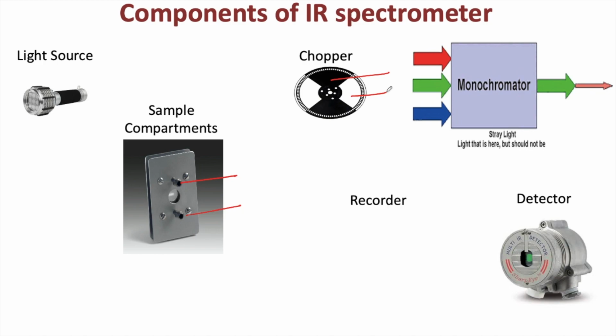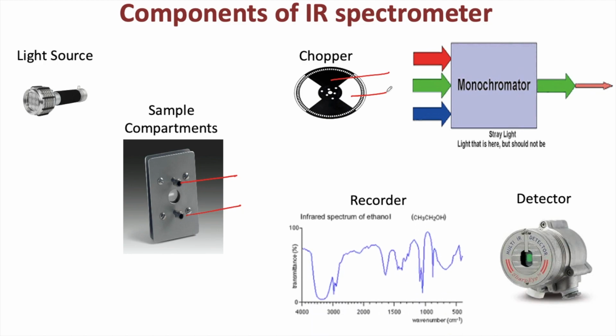Whatever the detector detects is recorded by the recorder in the form of IR spectrum. Along the vertical axis, we have percentage transmittance, and along the x-axis, we have the wave numbers of the IR radiations.